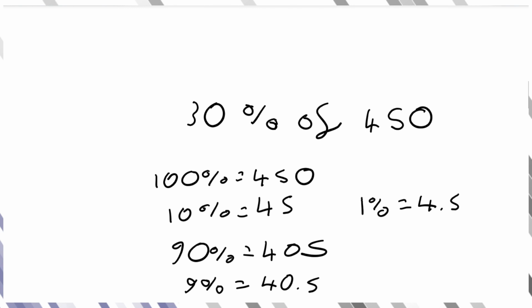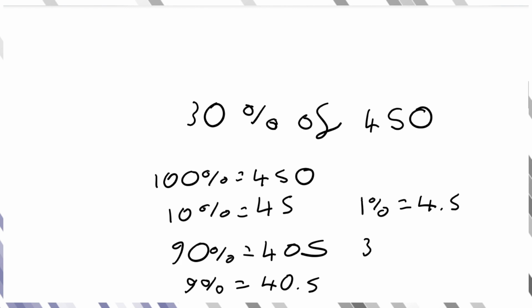So there's loads and loads of different combinations and methods to find all these different percentages. We want to find 30%. 30 is a third of 90, as in 90 divided by 3 makes 30. So we could take that number there and divide it by 3. That would give us 30%. I think an easier way would be to look at 10% and times that by 3, because that would make 30%.